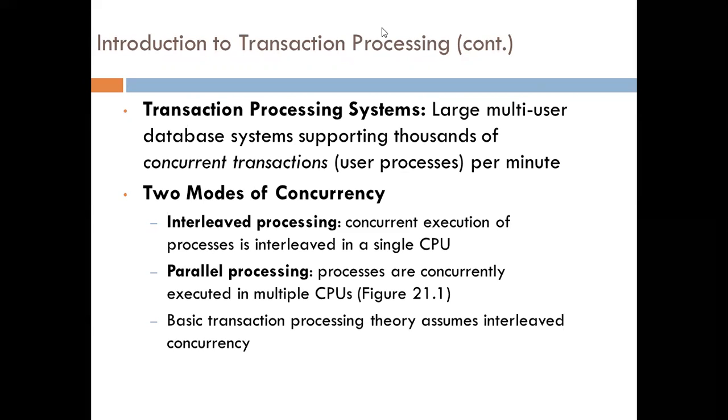In order to process transactions, we have transaction processing systems. These are large multi-user database systems which support thousands of concurrent transactions per minute. If you take any banking application or even Google Pay, at a given point of time there may be millions of transactions occurring.